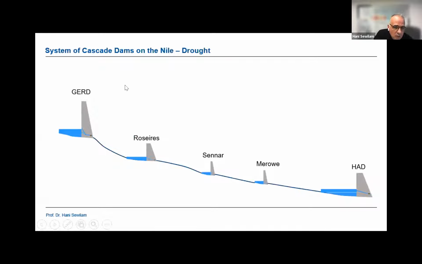If you have a drought, especially, as I said, the climate change will bring to us prolonged drought, which means all these dams might reach a level of shut down water. So they have no water to release. And if we are not now discussing agreement on filling one dam and we have a challenge, what happens in this case of climate change and prolonged drought to fill all these dams from the water coming from here?